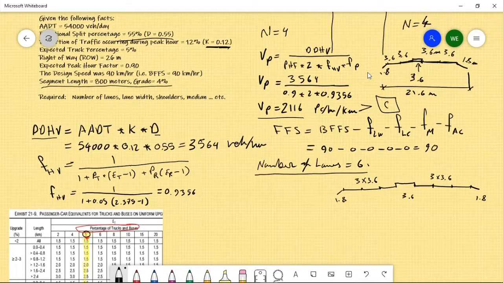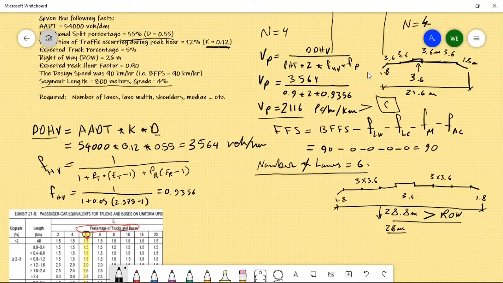Okay, so this leads us to 28.8 meters, greater than the current right of way. So what does this mean? We need to change our dimensions and bring it down to 26 meters, which is the available right of way.